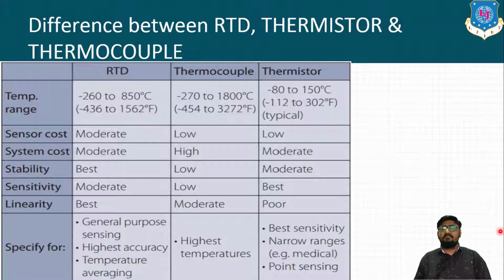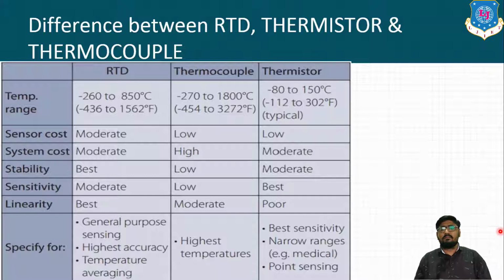Whereas for linearity, as we have discussed, RTDs are linear, so linearity is best for RTD, moderate for thermocouple and poor for thermistor, as we have seen the graph was curved. So RTD is for general purpose use, the highest temperature can be measured using a thermocouple, and whenever the best sensitivity is required, we can use a thermistor. So these are the uses and the differences between the RTD, thermistor and thermocouple.